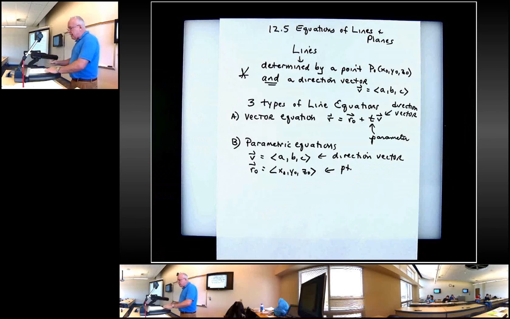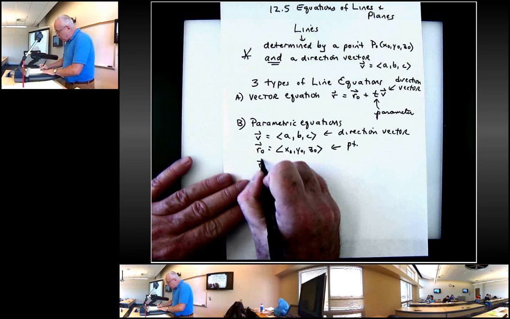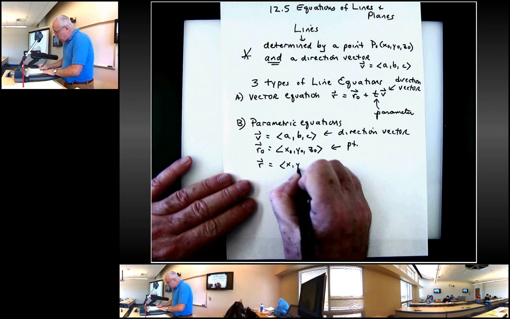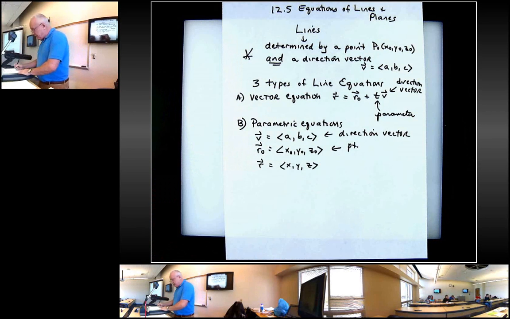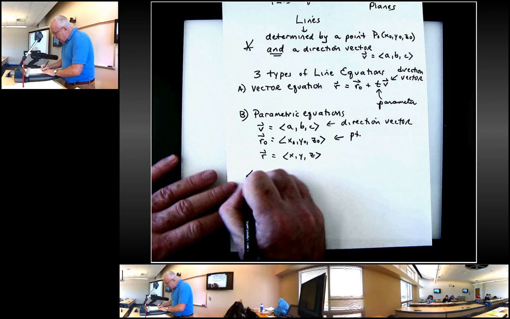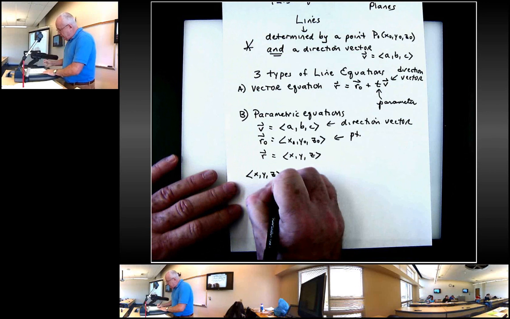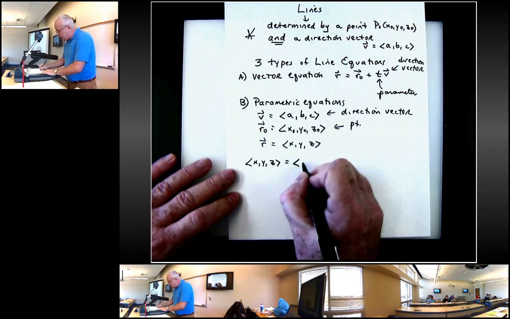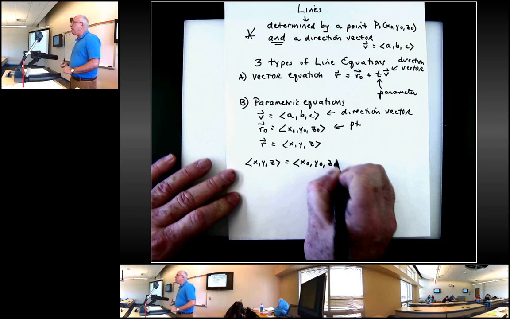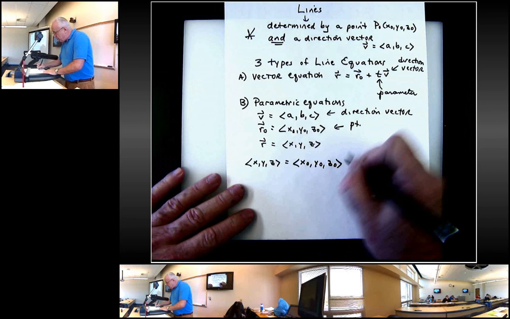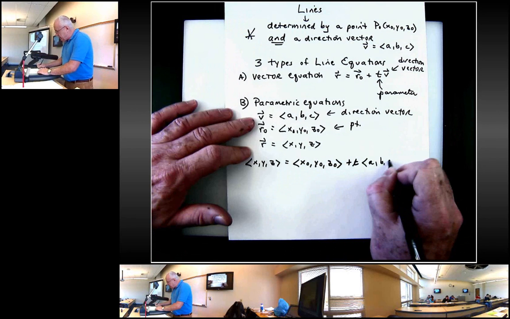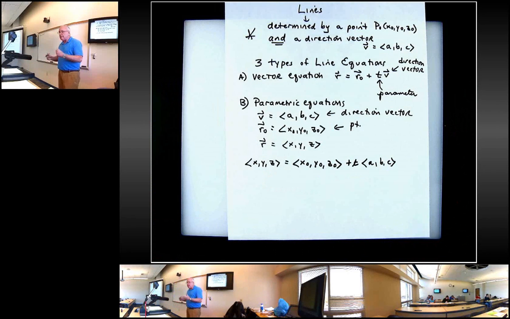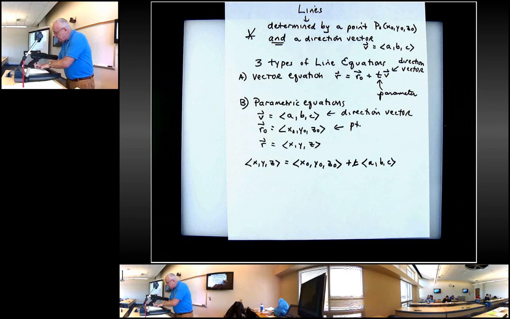And let's suppose that our general vector r is written as just plain x, y, and z. Then we can rewrite the vector equation like this. We then have angle bracket x, y, z equals our specific point or position vector x naught, y naught, z naught in angle brackets, plus our parameter t times our direction vector a, b, c. Now, that's basically a vector equation.